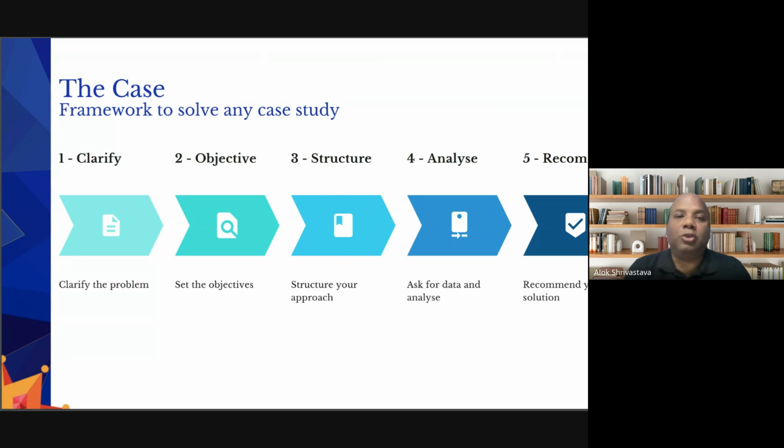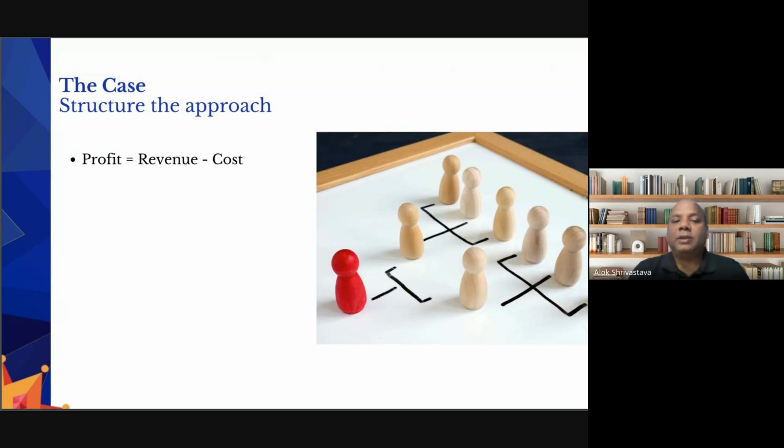So your statement could be something like this: since profit is revenue minus cost, profit might have declined because either the revenue has gone down, or cost has gone up, or both, right? I would like to see whether the revenue has gone down or cost has gone up.